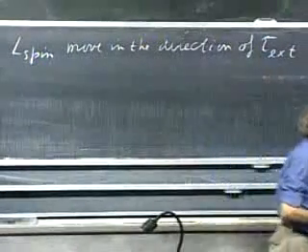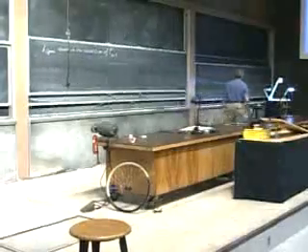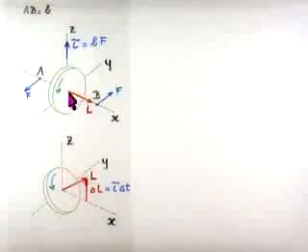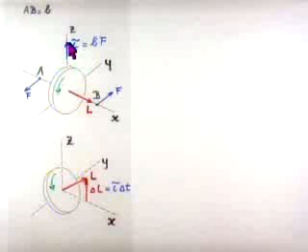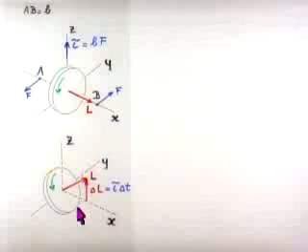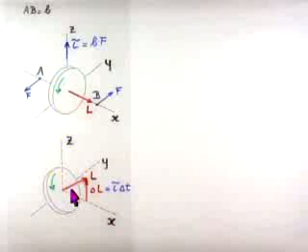Let's go over that again. We have here the spin angular momentum that you saw was pointing in this direction, and I applied a torque in this direction. It's a vector. And what does the spin angular momentum do? It goes in the direction of the torque.